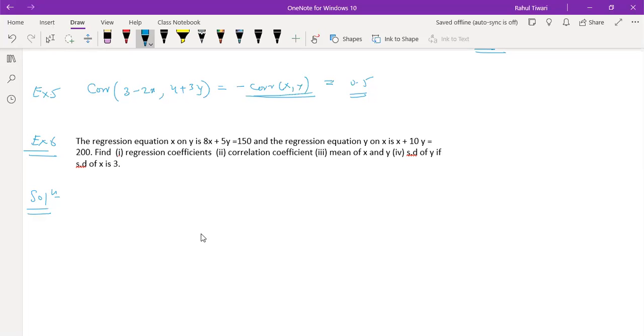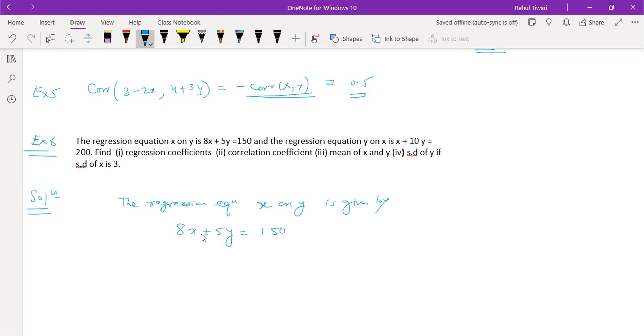Regression equation x on y is given by 8x plus 5y is equal to 150.